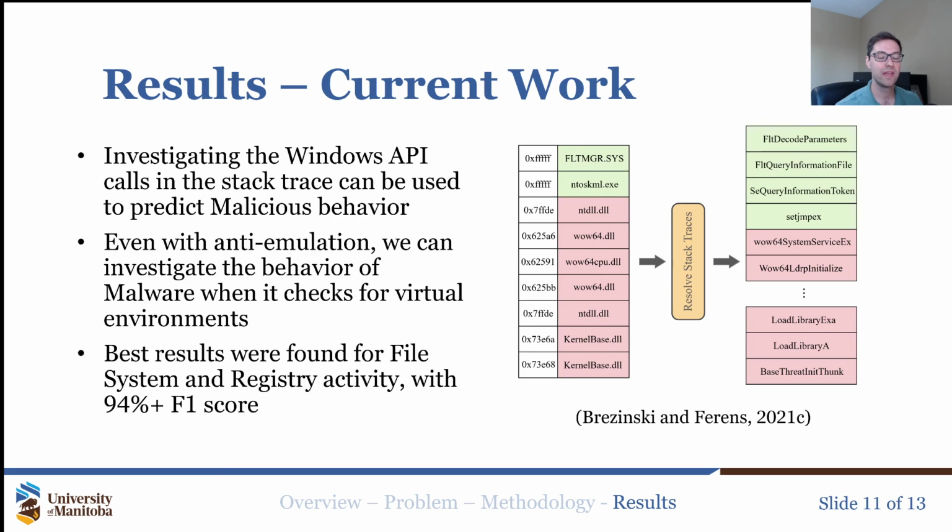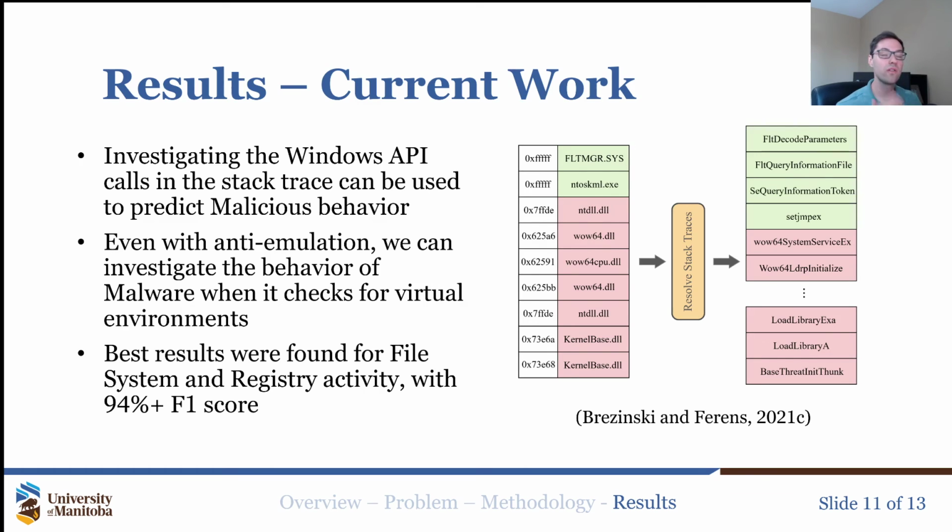So in what I want to call a sister project or sister paper to this work, which we also published this year, we looked at the stack traces. So every single event has to make communications with the Windows API, and then it goes down from a high level to a low level to the kernel, where it makes kernel calls in order to make use of the Windows operating system resources.